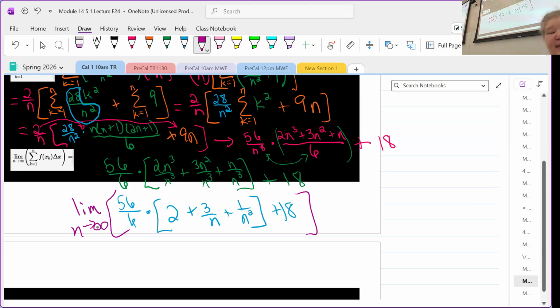Now, when I apply the limit as n goes to infinity of this result, my 3 over n and my 1 over n squared, both of those will go to 0.